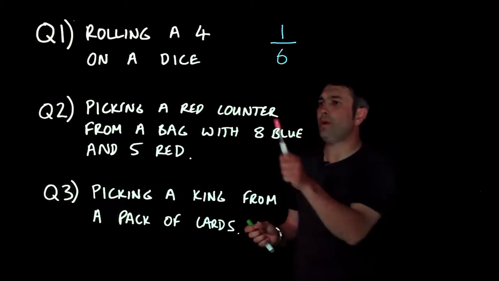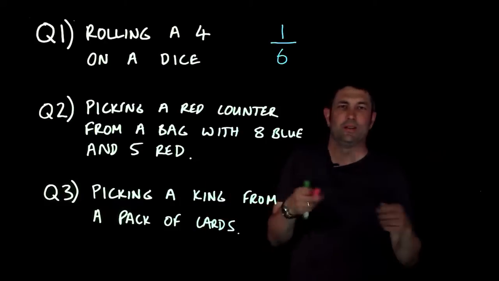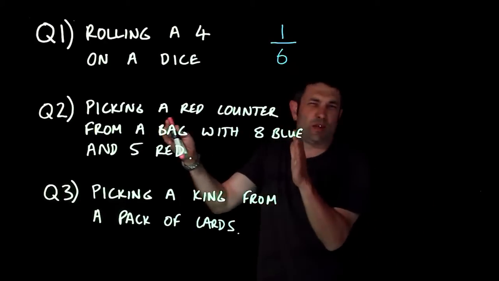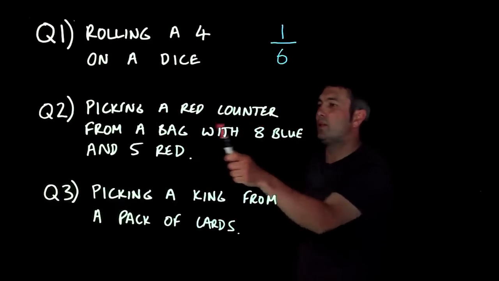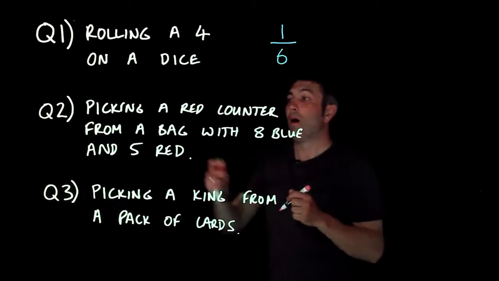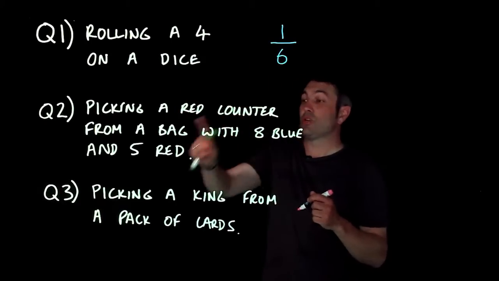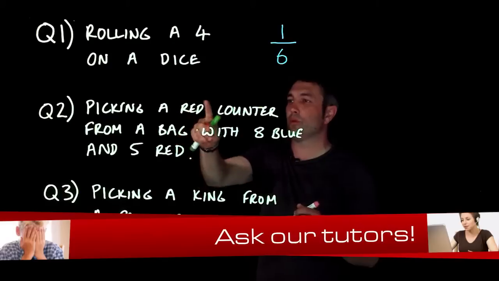Next one, picking a red counter from a bag. Now, they like their counters, they like balls, they like discs, whatever you want, but they're all essentially the same thing. You've just got to read it quite carefully. Picking a red counter from a bag with 8 blue and 5 red counters in. So, what number goes on the top of my fraction, the numerator, is what I'm looking for. So it's red.